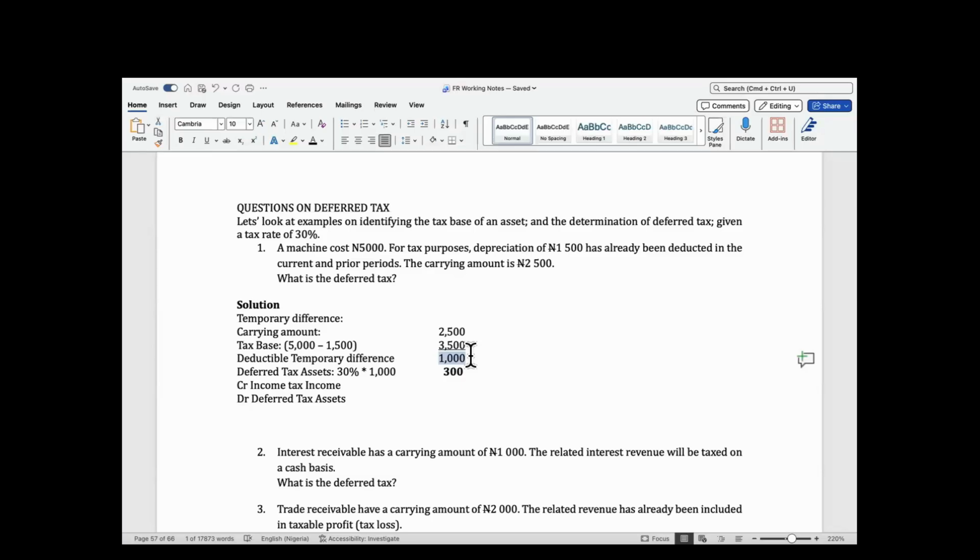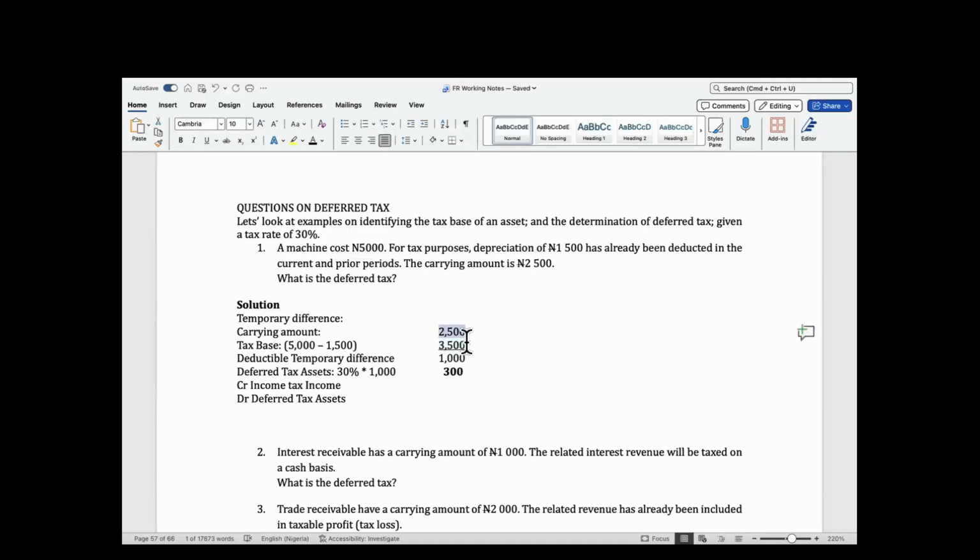When we look at other ones, those are quite different. But the reality is that for deferred tax, it's more of the deduction you will get or the tax you will pay as a result of differences in amount captured in our books and that of the tax authority. So the interpretation of this 3.5 is the deductions that we get in form of capital allowance. The interpretation of this carrying amount is the depreciation I will charge.